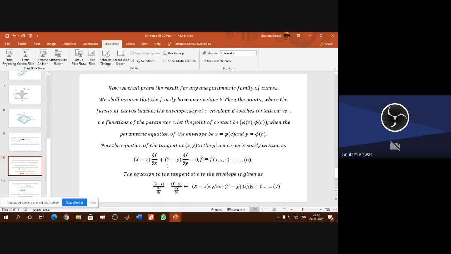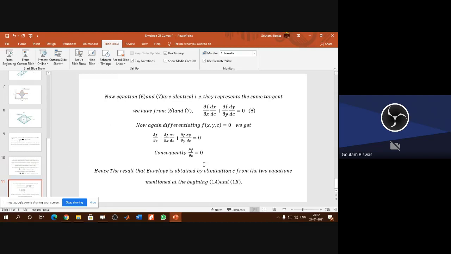After getting the tangent of the two equations with the same values, the touching point is the same tangent. To get the tangent, we have to use this equation and this equation. So this is our 1a and 1b proved.